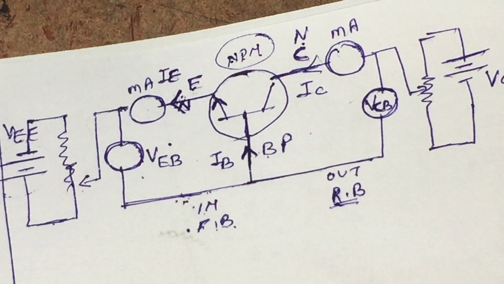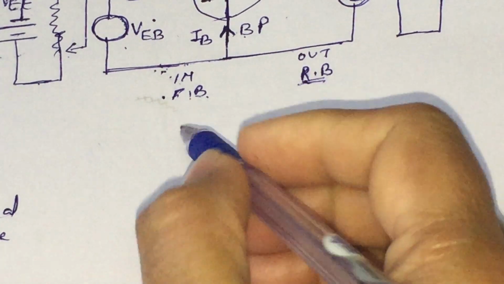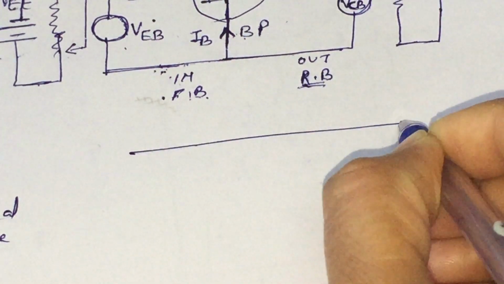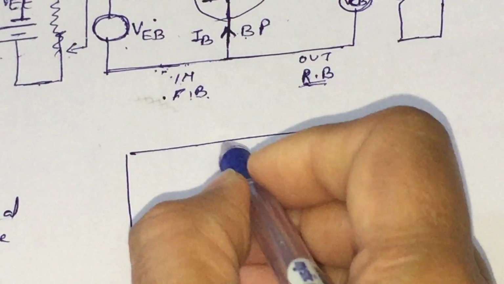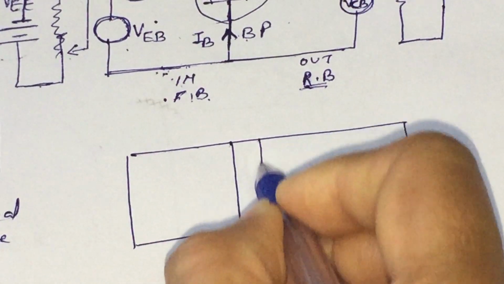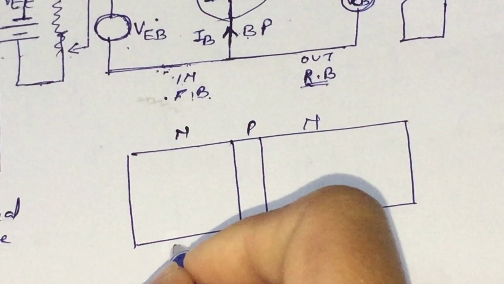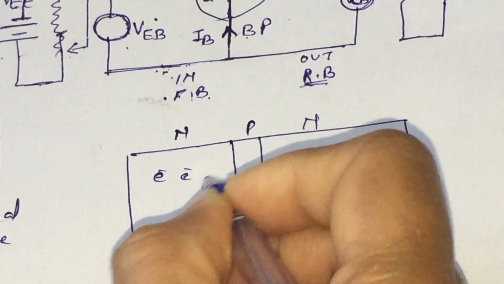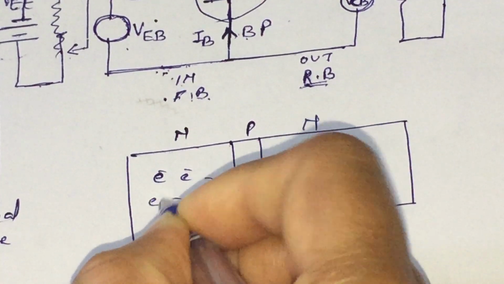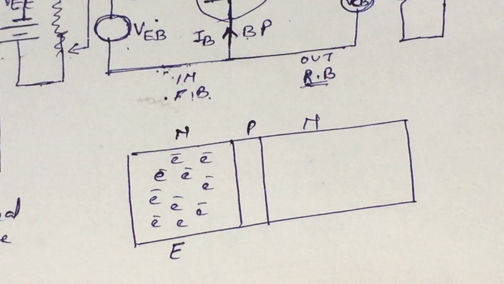Now, to make it easier, let us consider the block diagram of this common base transistor configuration. As we know very well, in case of NPN transistor, the emitter is heavily doped with n-type impurity, and there is a large number of electrons in the emitter region.